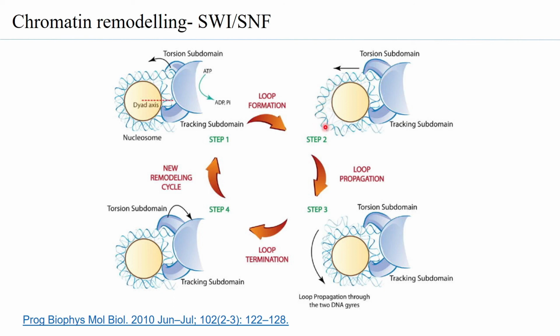Now this loop that is formed moves in a wave-like motion from here to here. Can you see this? You have two rounds practically. The first round looped out, then the second round looped out, and this looped-out portion eventually comes out. So if you have a promoter region or an inaccessible region over here, when you have the looping of the DNA and the loop waves out, then the promoter region may eventually be present somewhere here, so it becomes more accessible to the non-histone proteins.